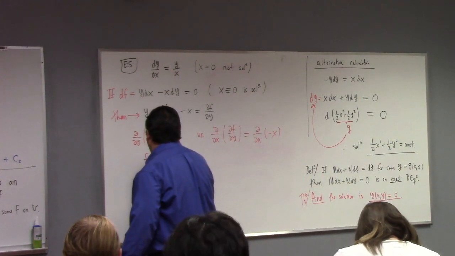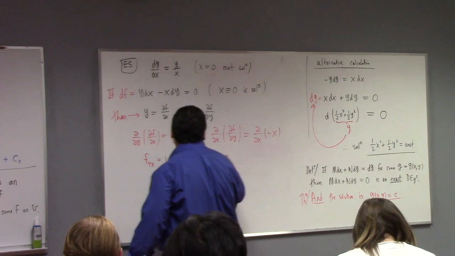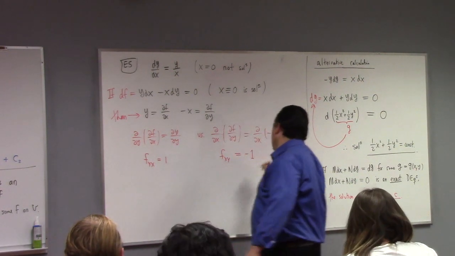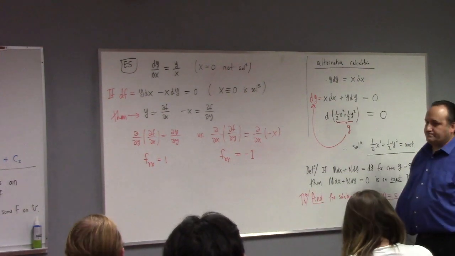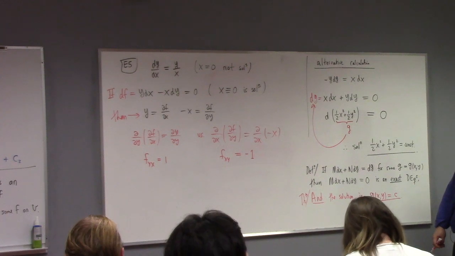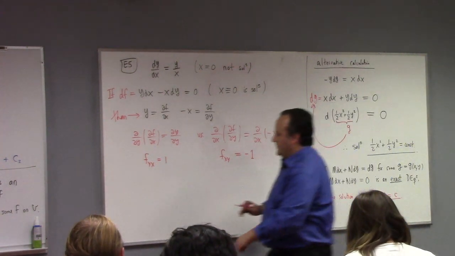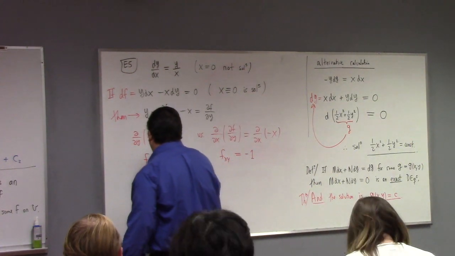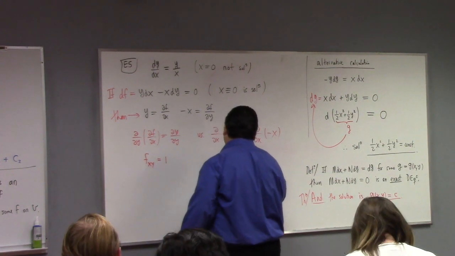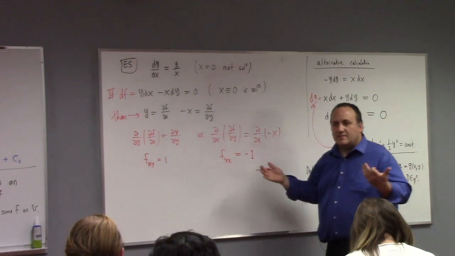This is fyx equals 1. This is fxy equals minus 1. Or maybe the opposite way around. Let me think about that for a second. The notation, the subscripts get flippity-flopped. My bad. But anyway, it doesn't really matter.